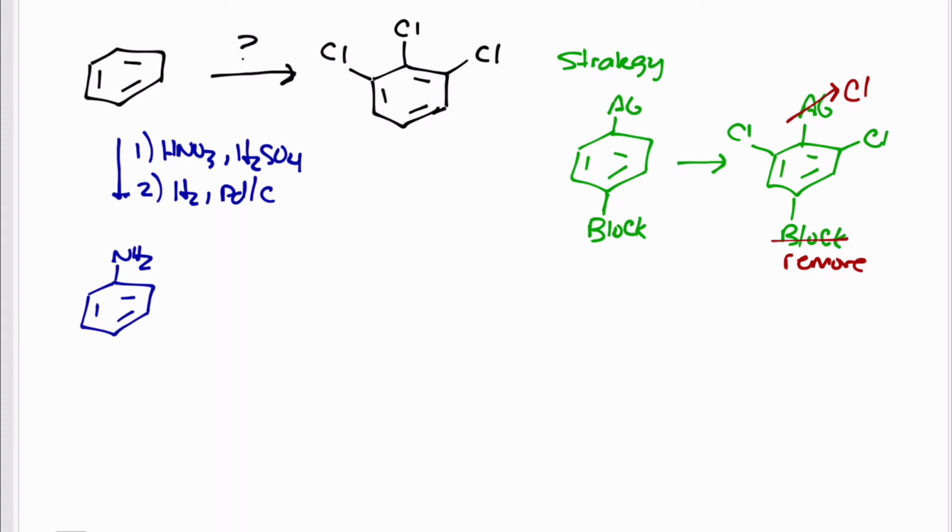But our issue here, if we want to do isomer free, is how can we install something at this para position without getting something at the ortho positions? Well, what we need to do is convert this amine to an amide.